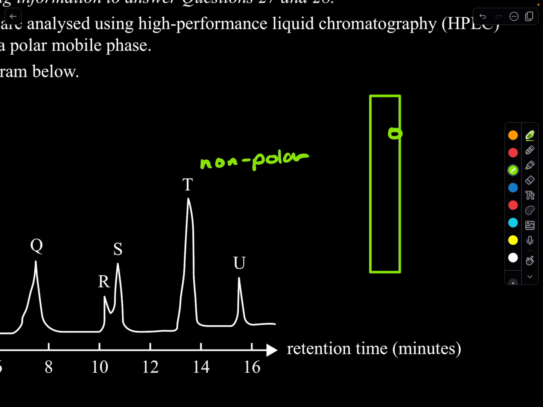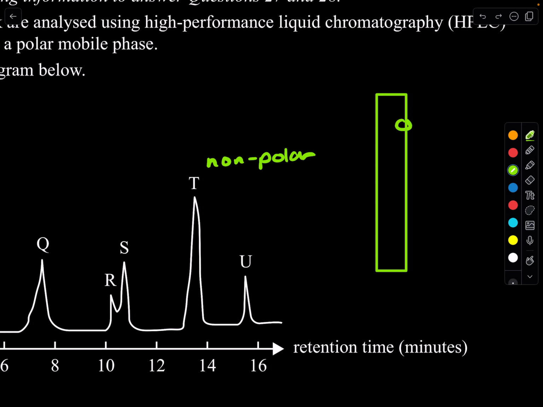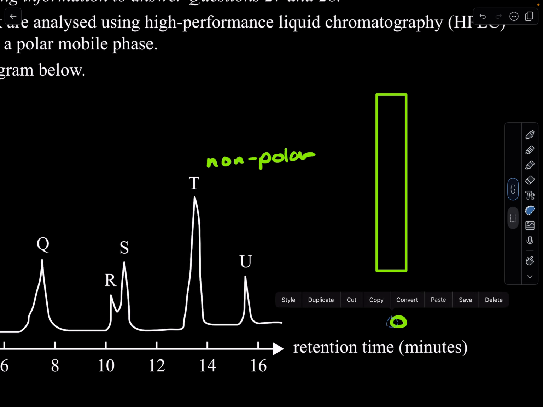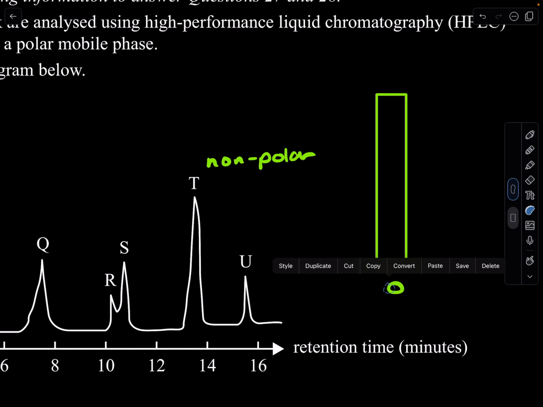So it takes very, very long to go down and be released, coming out of the column, and when it comes out, that's when the retention time is measured. Because it's very bonded to that stationary phase, it takes a very long time to come out, so its retention time is higher.